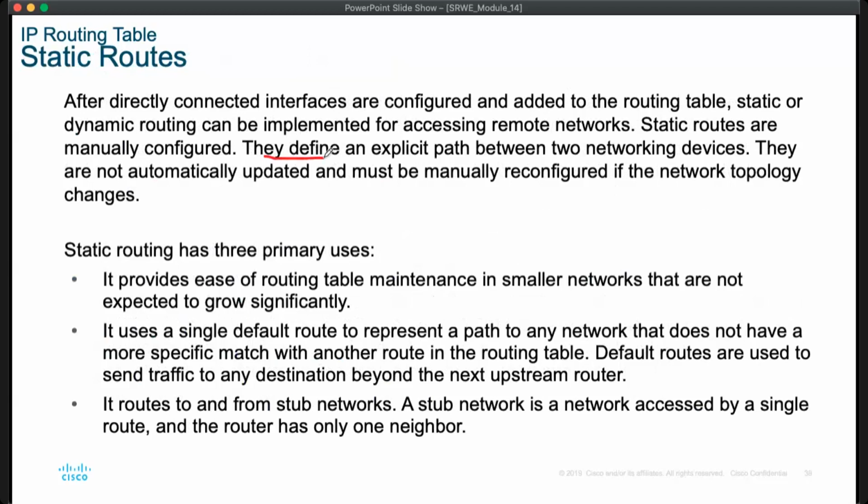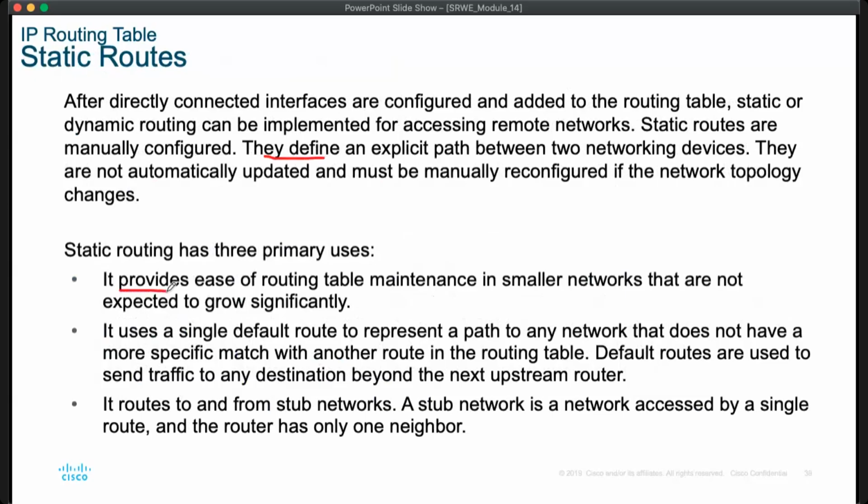They are not automatically updated and must be manually reconfigured if the network topology changes. Static routes have three primary uses. First, they provide ease of routing table maintenance in smaller networks that are not expected to grow significantly.